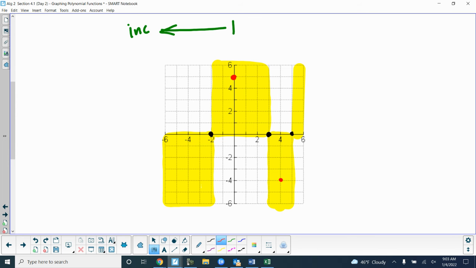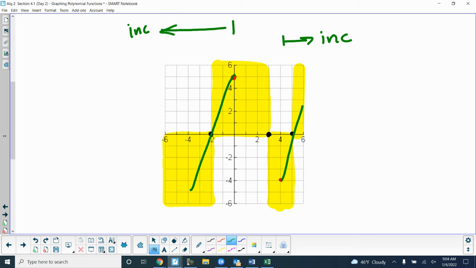It doesn't matter what our Y values are. So this side it's going up, and from this 4, it's going up. You guys see that? So I could say from down here, going through those, it's going up. Does that make sense?